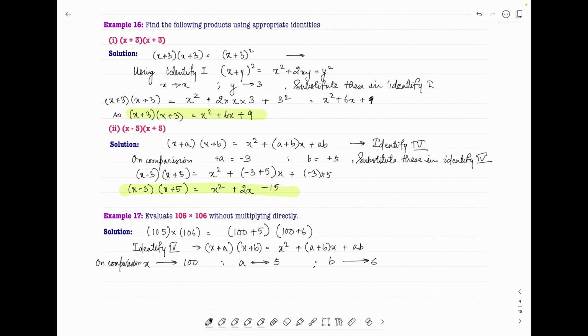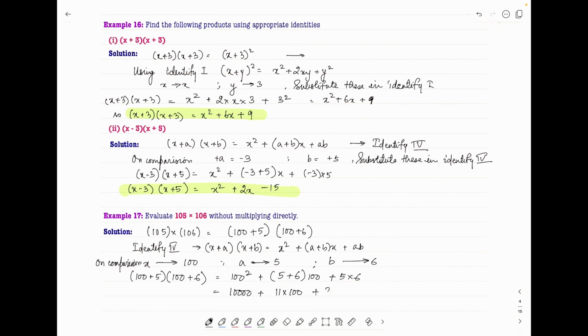So 100 plus 5 into 100 plus 6 is x square, meaning 100 square, plus a plus b, meaning 5 plus 6, into x, which is 100, plus ab, where a is 5 and b is 6. So 100 square is 10000, plus 5 plus 6 is 11 into 100.